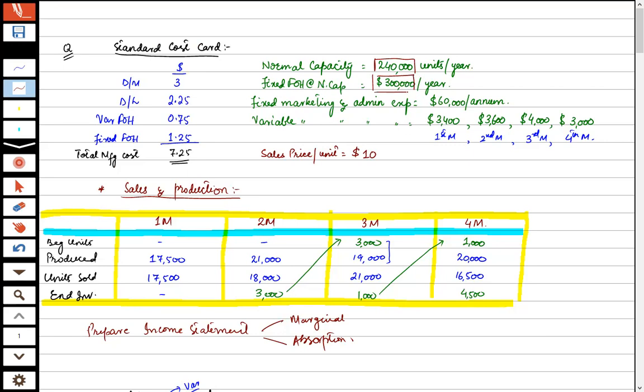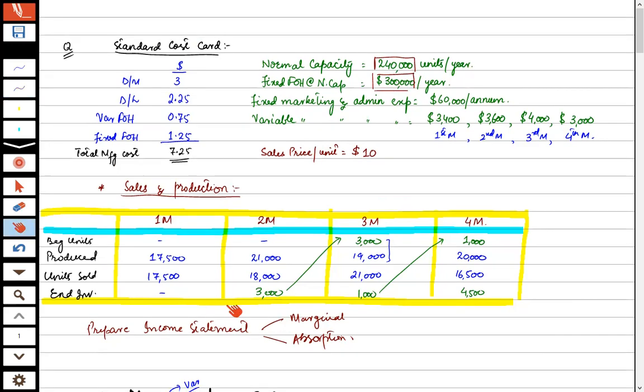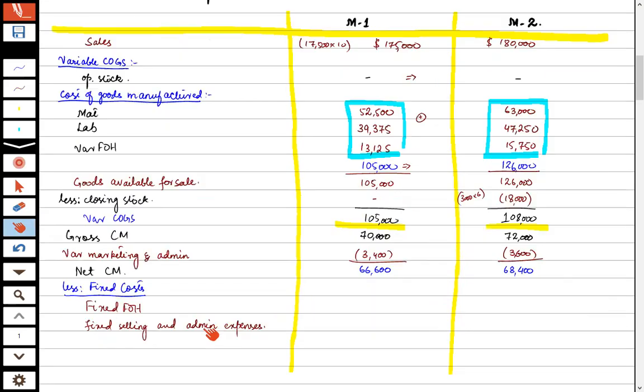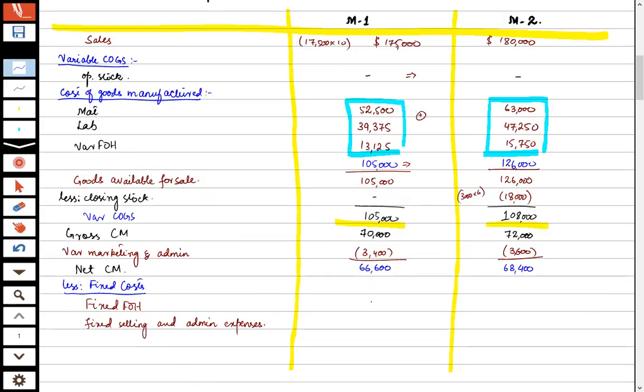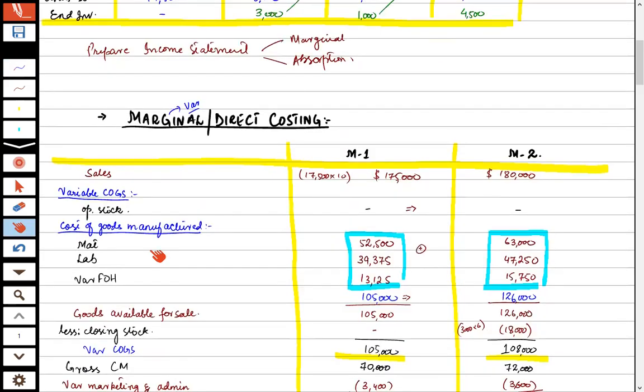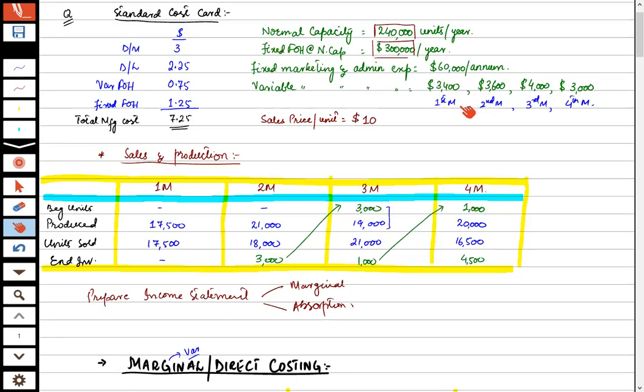So if we convert 300,000 per year into per month, because we are making that statement for 1 month, 300,000 divided by 12 would be 25,000. Now, as per marginal costing, 25,000 would be the same for all months, because they are period costs, we will not take them as production cost. And secondly, we have the fixed marketing admin expenses of 60,000 per annum.